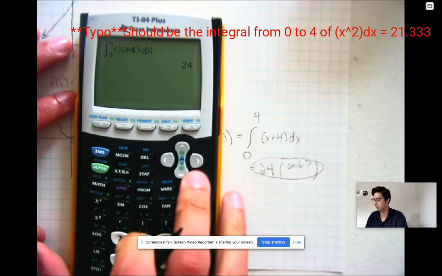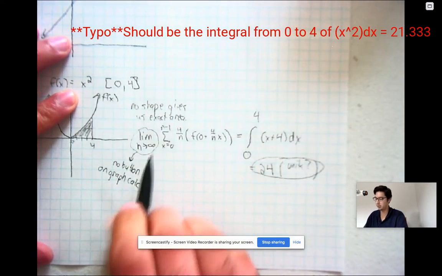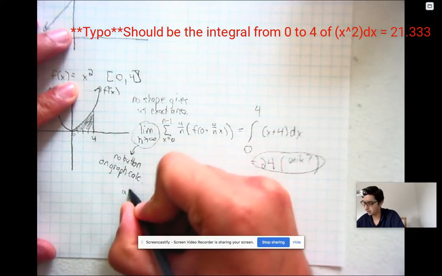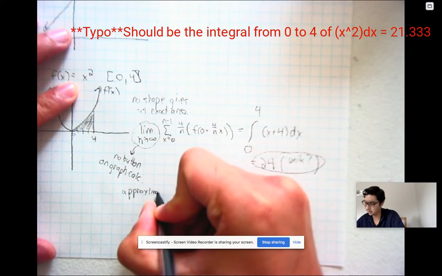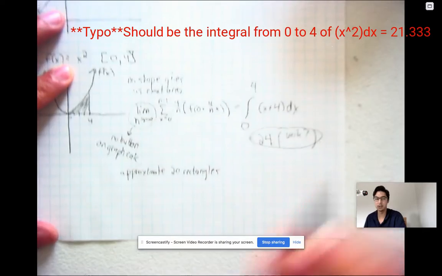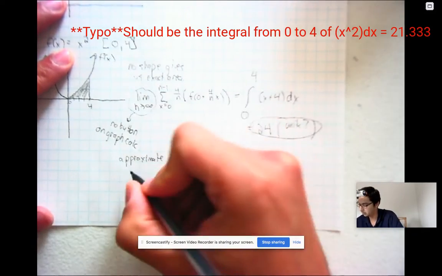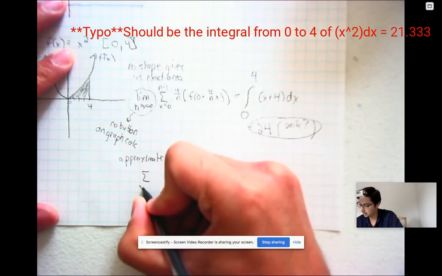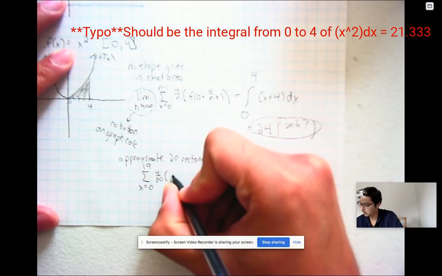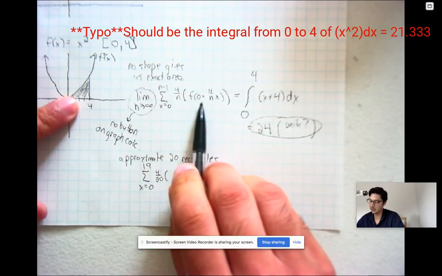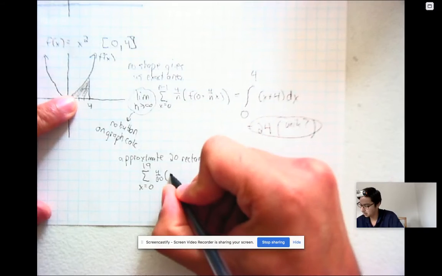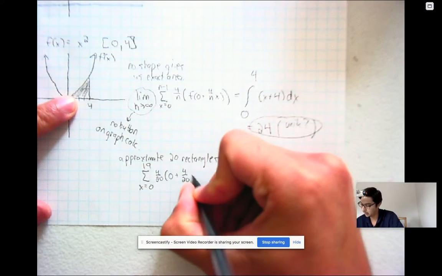If you want to see that as an approximation, we can't use n to infinity, but let's say there were 20 rectangles. Let's approximate with 20 rectangles. I believe that's what your assignment does. So we can do the sum from 0 to 19 of 4 over 20 times the function of 0 plus 4 over 20x, which I'm just going to plug in.